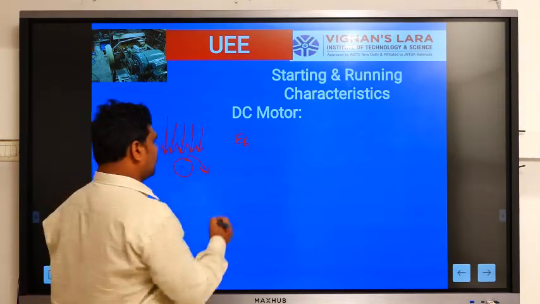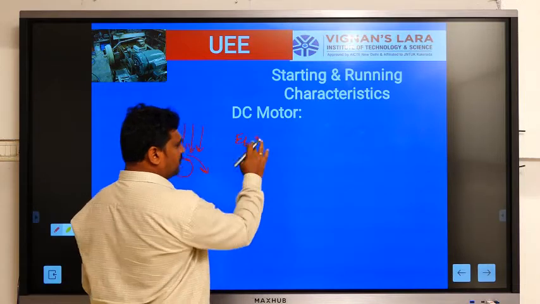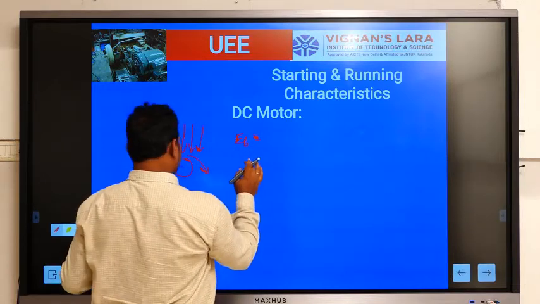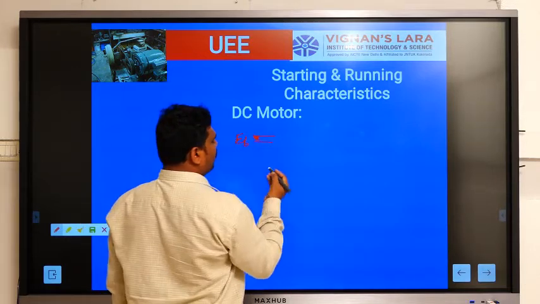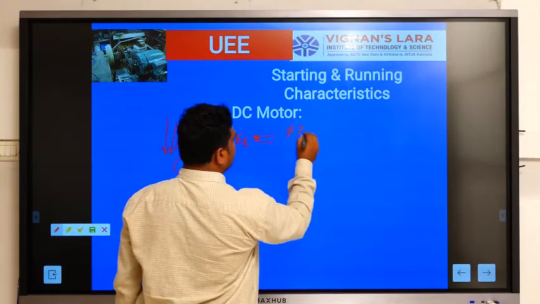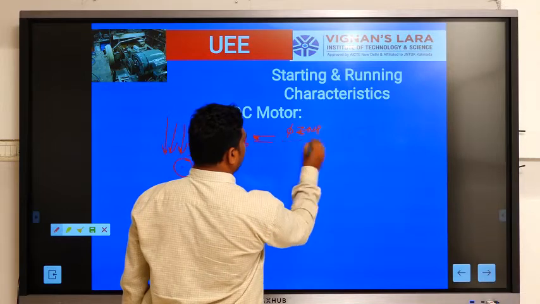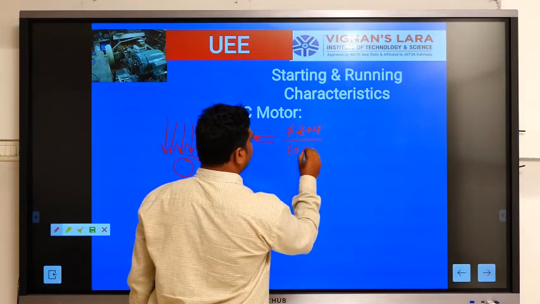It is also an induced EMF, so we use the same principle and the same formula: E = PΦZNP/(60A).